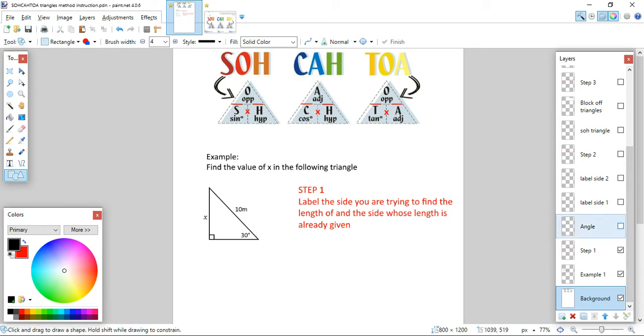So the side we're trying to find is this one here, labeled x. And so using our reference angle there, that would be the opposite side. Next, we label the side whose length is given. That would be this one with 10 meters. That is the hypotenuse.